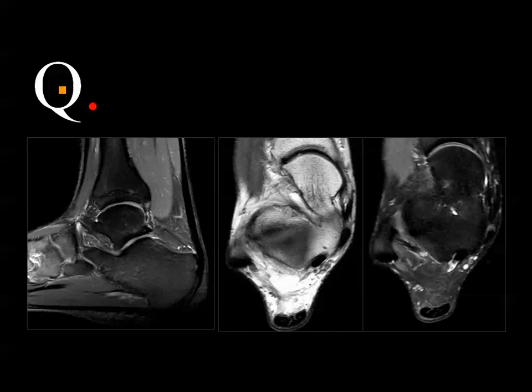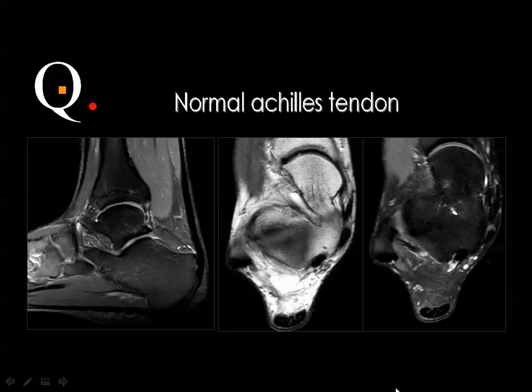Tibialis posterior حلو، tibialis posterior كويس، والفليكسور ديجيتروم فليكسور هالوسيس كله كويس، peroneal tendons كويس. This is normal.